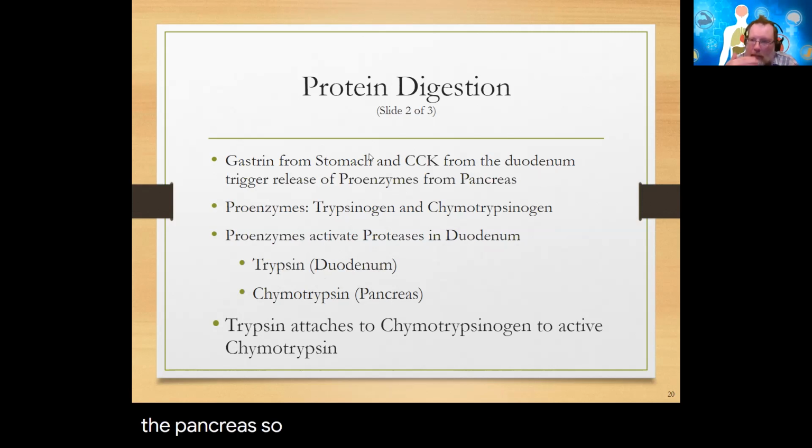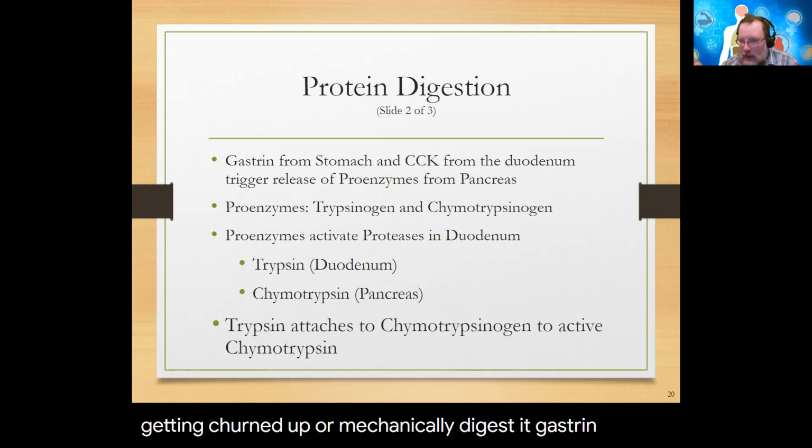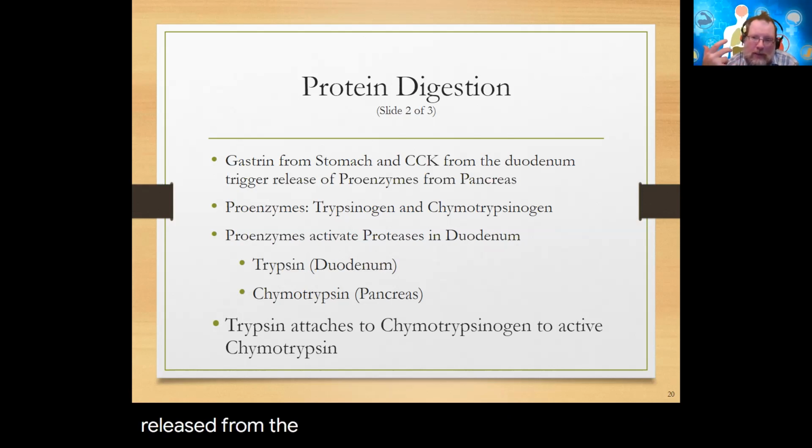So basically, once food gets into the stomach, once the boluses start getting churned up or mechanically digested, gastrin gets released from the stomach into the bloodstream. CCK from the duodenum into the bloodstream.